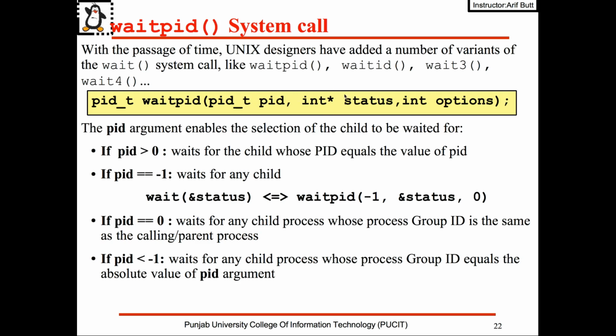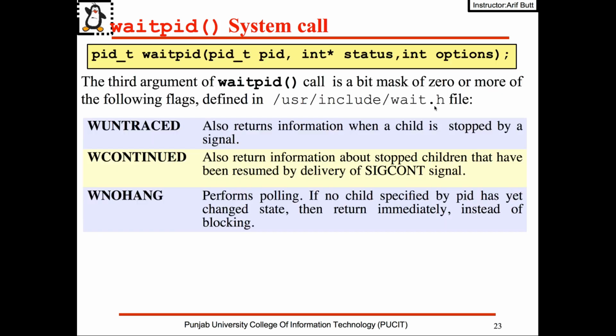As far as the second argument is concerned, this we all know about, that is the status. And this is the third argument, which can be the bitwise ORing of these three values. And these three values can be seen in the header file wait.h as well.